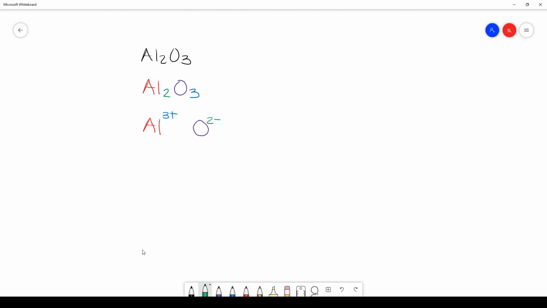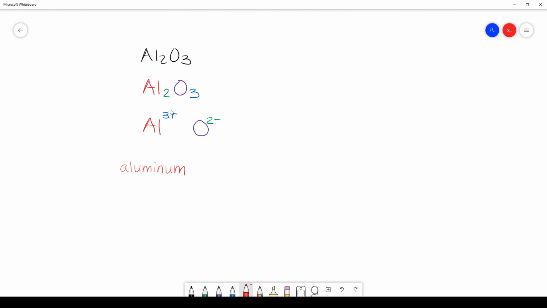So I've now written my ions with their charges, and now it's just a matter of writing the cation name and anion name. The cation name of aluminum is just aluminum. If aluminum was a standalone ion, I would include the word ion. But when it's part of an ionic compound, we remove the word ion. So the cation name as part of the ionic compound is simply aluminum.